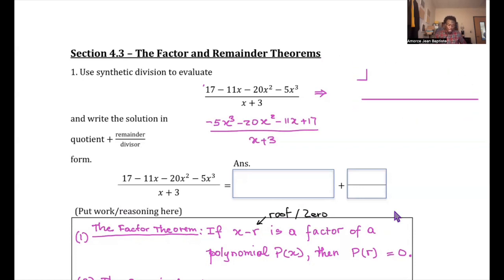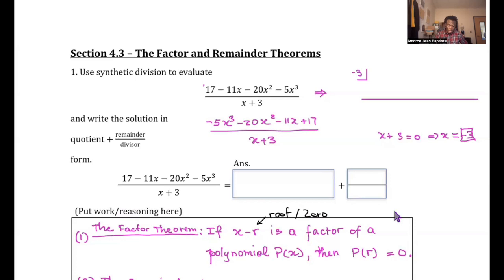Inside of this little box, I'm going to put the value that makes the divisor equal 0. You can set the divisor equal 0: x plus 3 equals 0 means x equals -3, and -3 is what I put inside of the box right here.